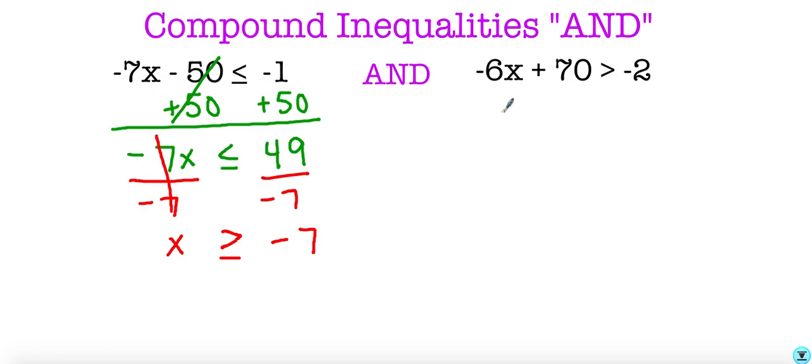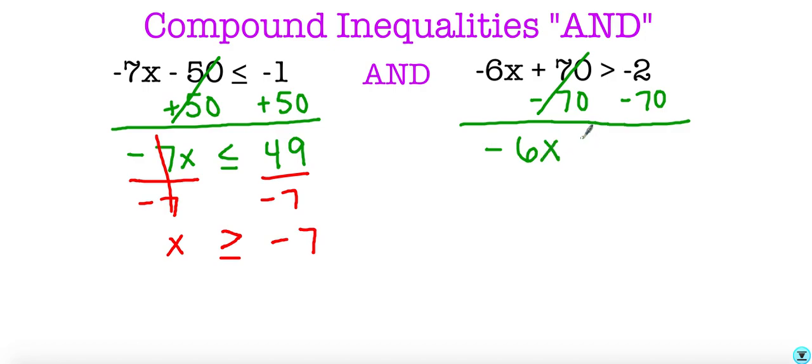So negative 6x plus 70 is greater than negative 2. In order to get rid of our positive 70, I have to subtract 70 on both sides of the inequality. And this cancels out our positive 70. So we're left with negative 6x is greater than negative 72.